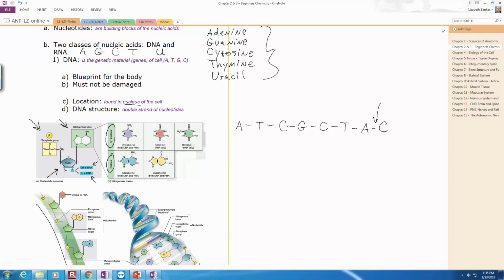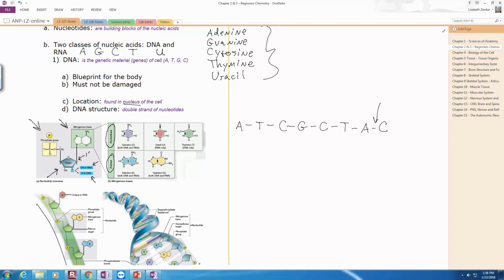So it's off of the 1 carbon that you have, so we call that 1 prime. The 1 carbon has the base attached to it, purine or pyrimidine, which would be cytosine, uracil, thymine, adenine, or guanine, depending on your structure.